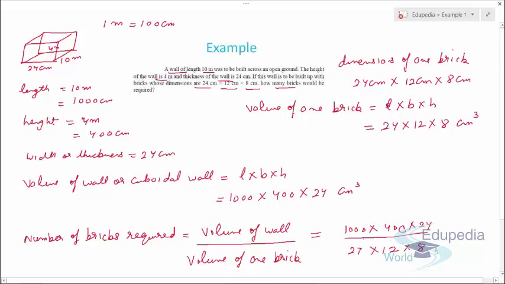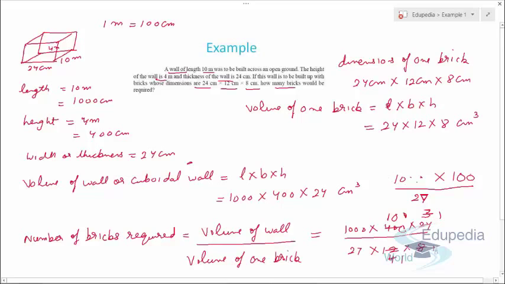So now we need to do cancellation. So it will be 8 threes are 24, so 3 goes with 12. It will be 4. Then 4 fours are 16. Then it's 100. Right? Then this will come out to be 1000 times 100 upon 27.